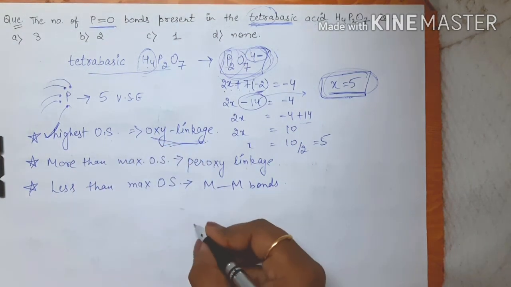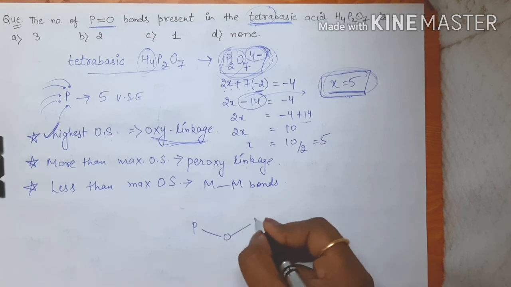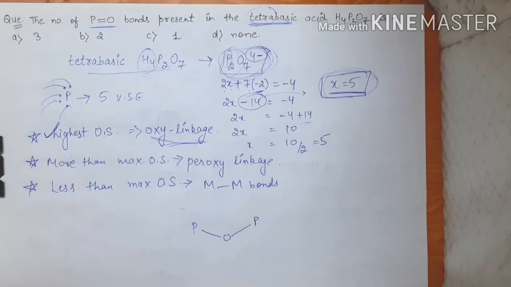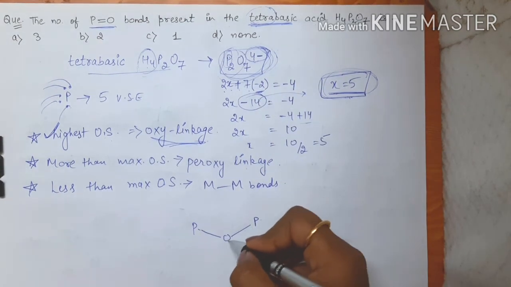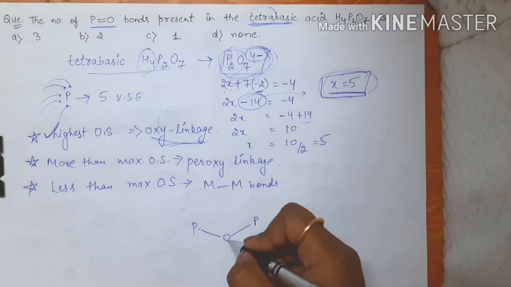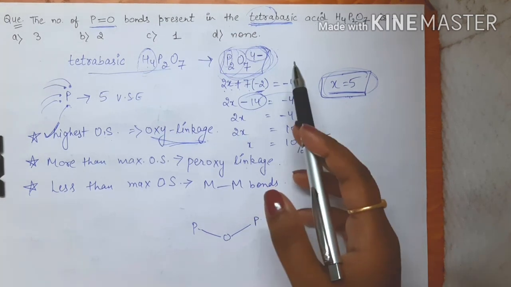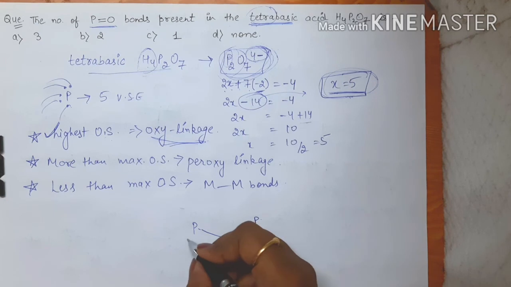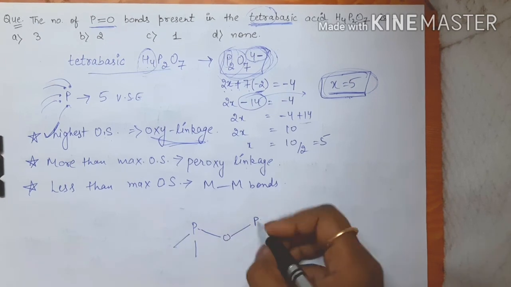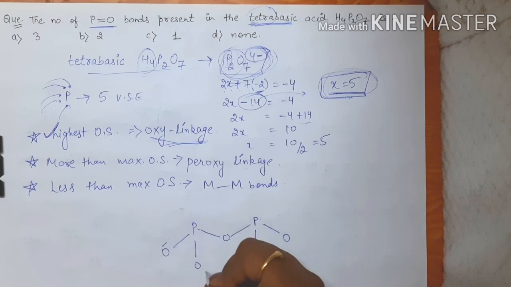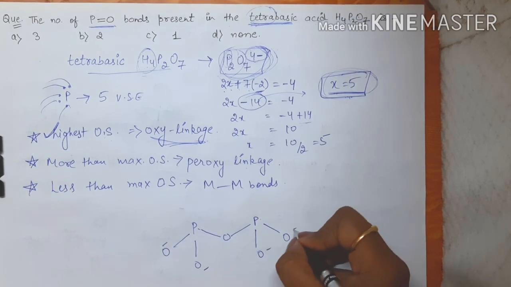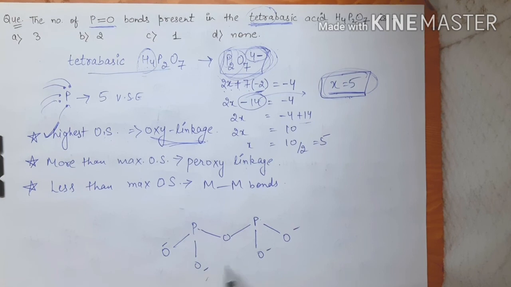So if we want to draw the structure, we know that there is one oxy linkage present. Now out of P2O7 4 negative, we have used 2 phosphorus and 1 oxygen, and we have to distribute 4 negative charges on 4 oxygens. So we'll distribute 4 oxygens along with 4 negative charges symmetrically to these 2 phosphorus, like this. 4 oxygens are distributed.